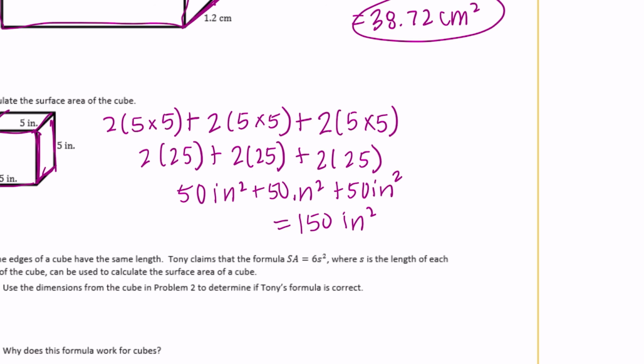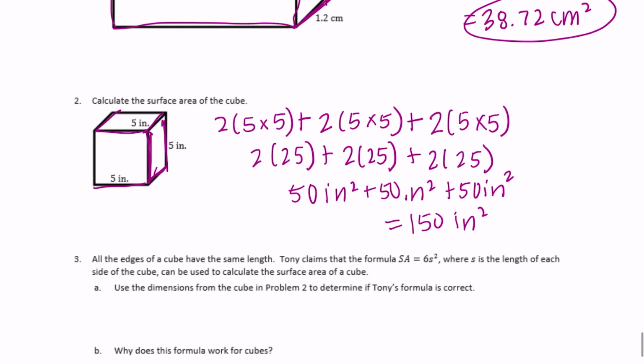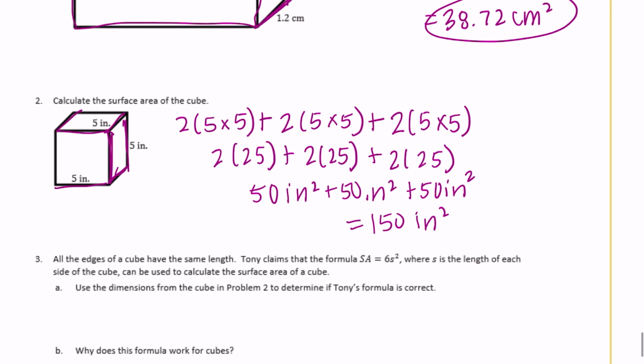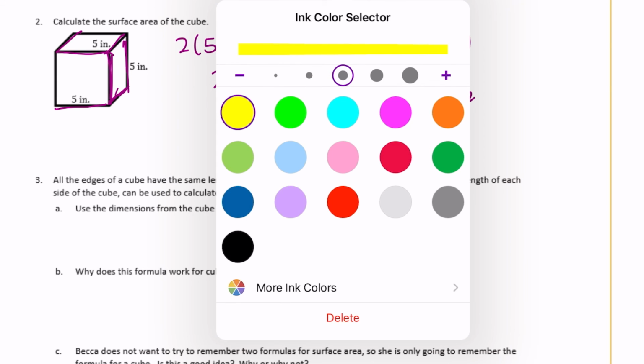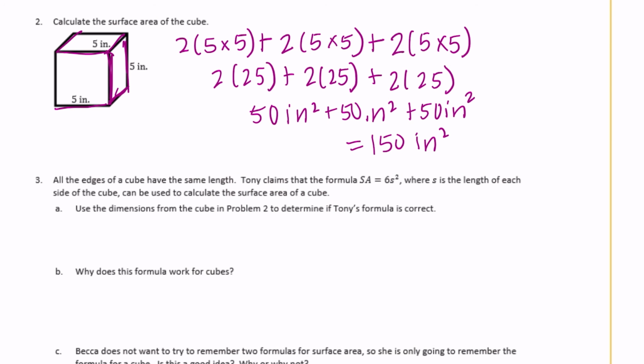So the point of that was to get us to notice some things that we're going to answer in part 3. So let's start by noticing that we did 2 groups of 5 by 5 plus 2 groups of 5 by 5 plus 2 groups of 5 by 5. So those are all the same, which makes sense because it's a cube and all side lengths are the same.